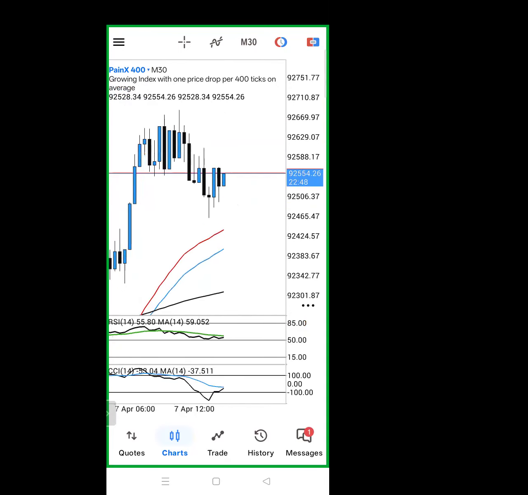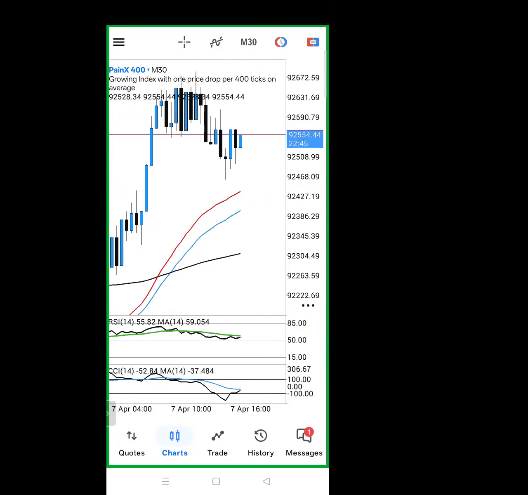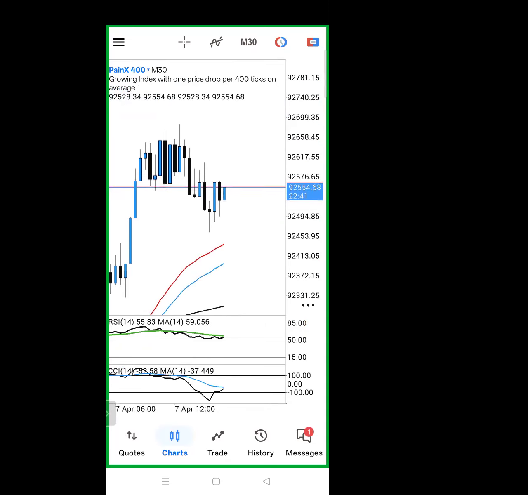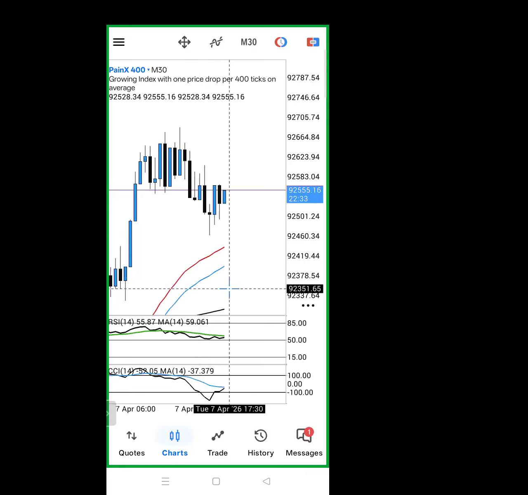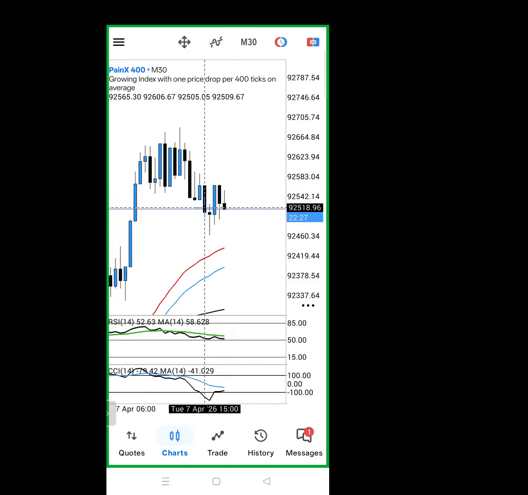Because right now we are above the 200 moving average, and this guy is still very well expanded. So the market came down like this, and we got this beautiful rejection here. This rejection, then this candle. So this tends to be a pullback before the continuation, and a good thing, it just spiked now.